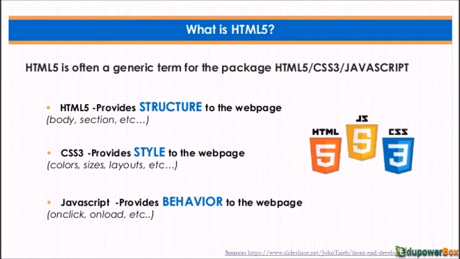That is the color you want to use, the size, the layout, and many other things like that. Whereas JavaScript provides behavior to the web pages. Maybe when the user clicks, when the user loads a page, when the user navigates, things like that. So we're going to be dealing with all of this, and of course we're going to use other frameworks like ReactJS, Angular, and probably TypeScript.